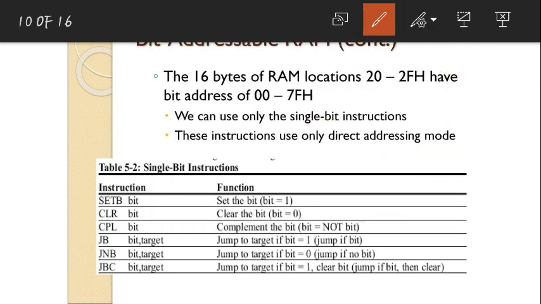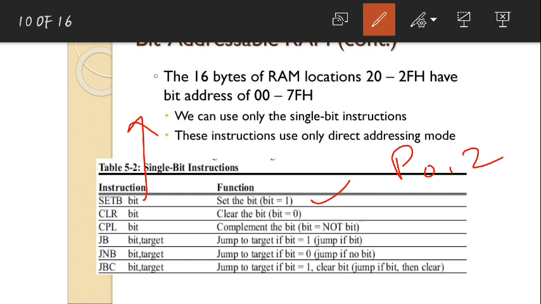See, now these single bit instructions are SETB. SETB bit means in place of bit you can write P0.2. That means in port 0 your third bit will be equal to 1. So this bit can be some bit of a port, or some bit of the accumulator.